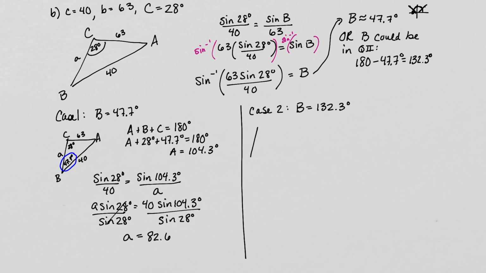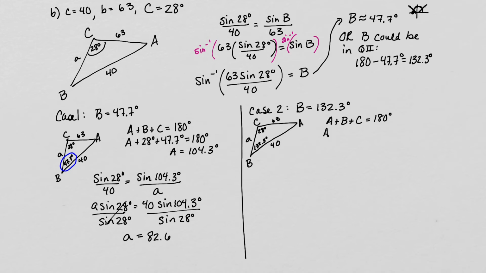Okay, so again, I'm going to draw myself a little new triangle, right? In this case, B is 132.3 degrees. C is still 28 degrees. A, I still don't know. Little a, 63, 40, capital B, capital C. Just like before, capital A plus capital B plus capital C is going to be 180 degrees.